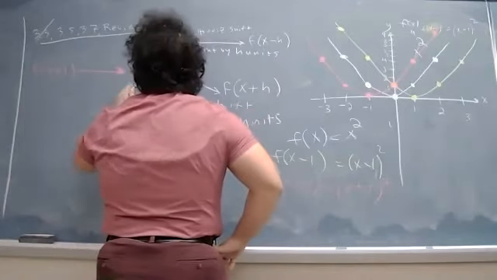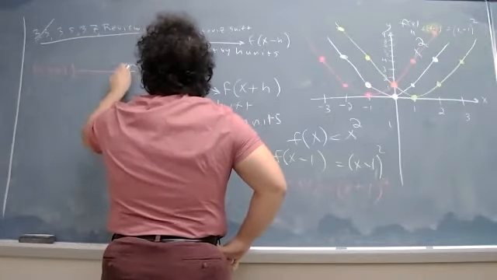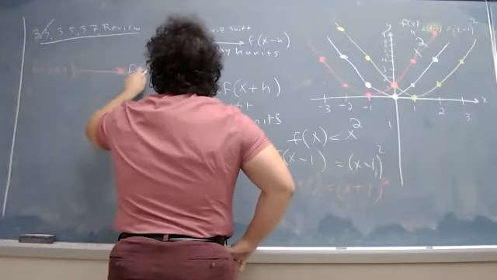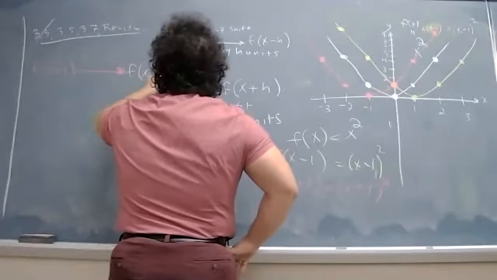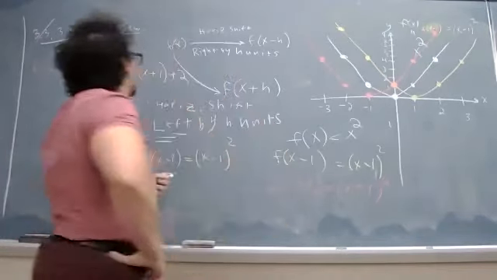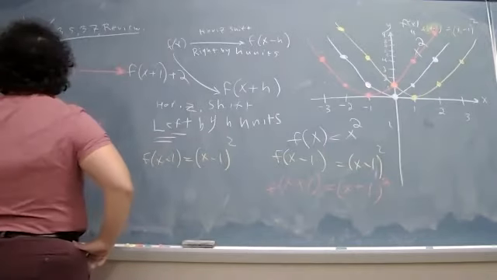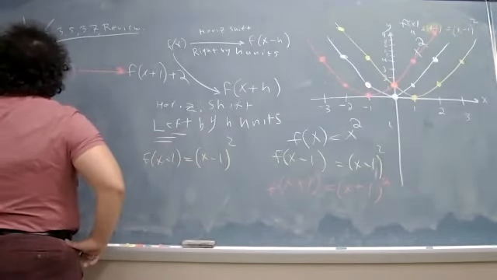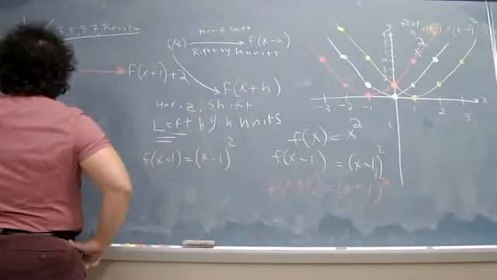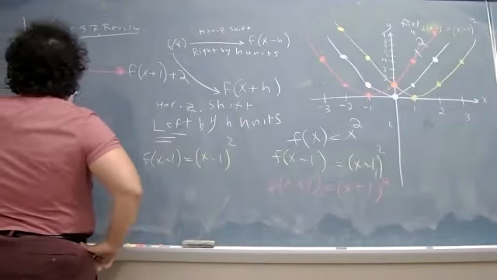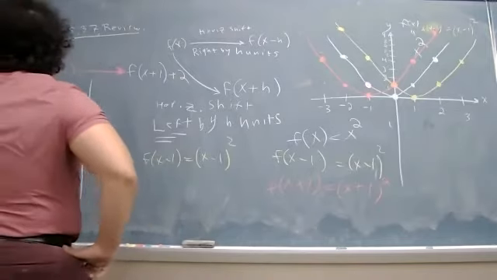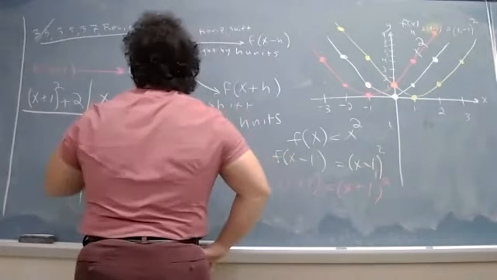Let me transform it to f of x plus 1, plus 2 on the outside. Meaning, what I want to look at is what does x plus 1 quantity squared plus 2 look like? What does the graph of this thing look like?